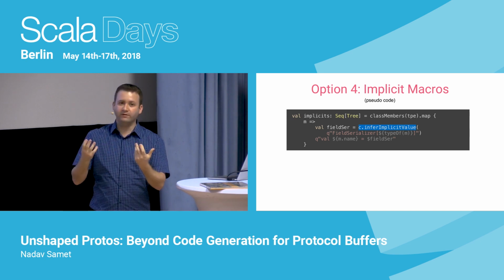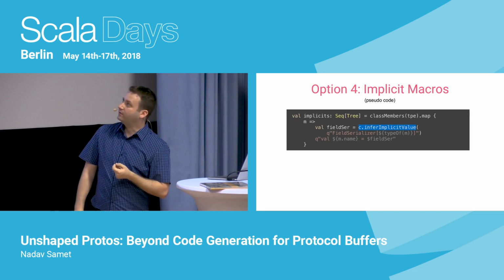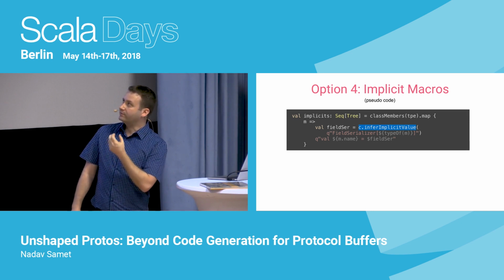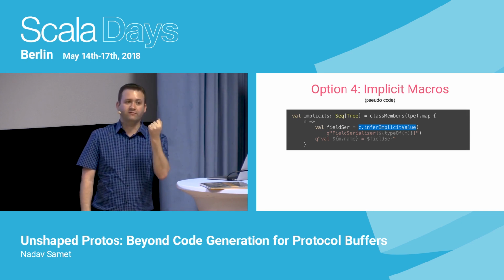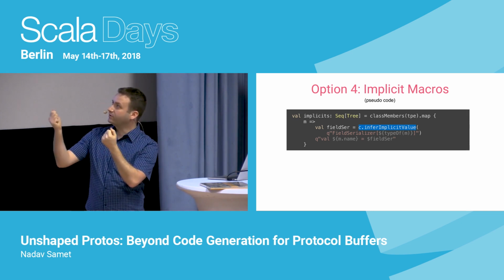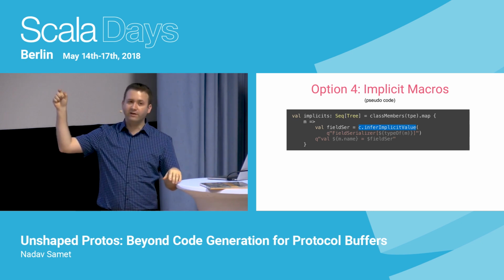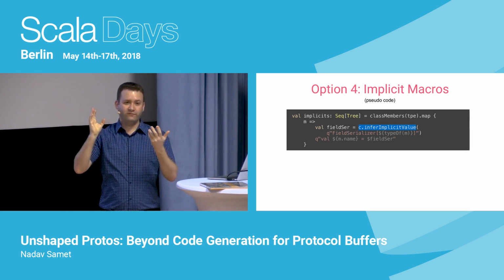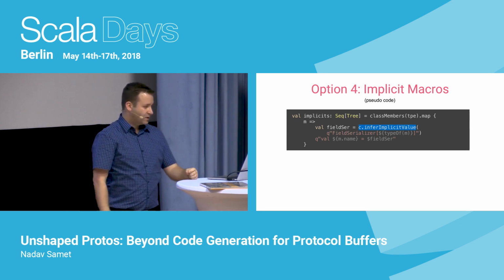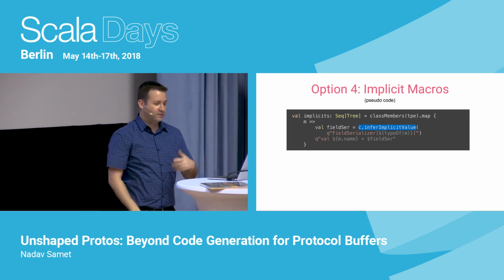It gives me back another tree that represents the implicit that it finds, and then I can inject that into the code. So what I'm defining here, implicits, is a sequence of trees that represents instantiation of all the implicit field serializers that I want. I'm cheating a bit here with the syntax. This q"FieldSerializer" is not real syntax, but you get the idea.